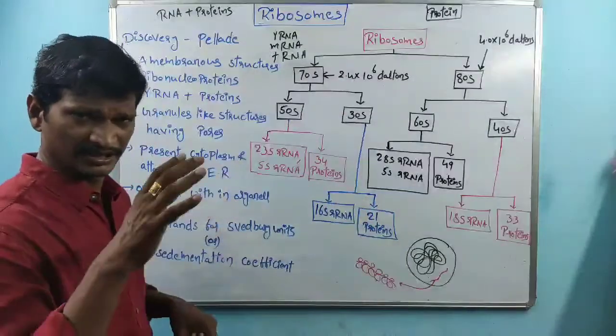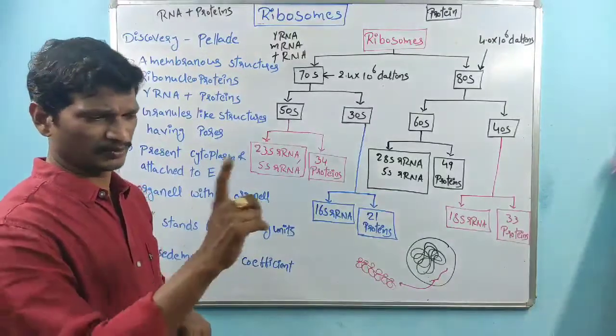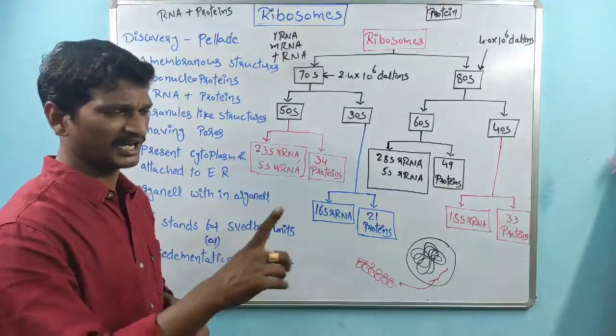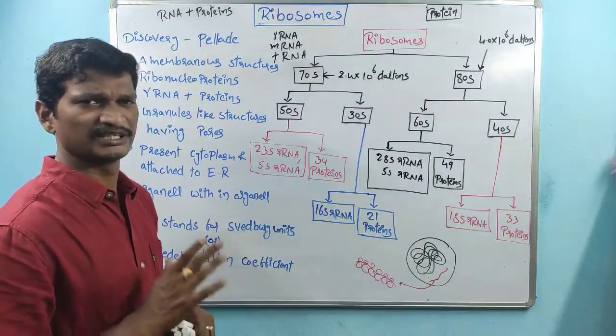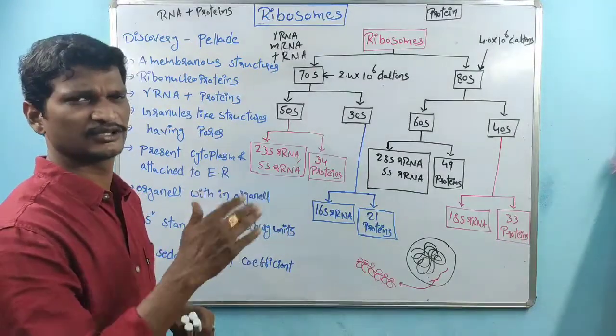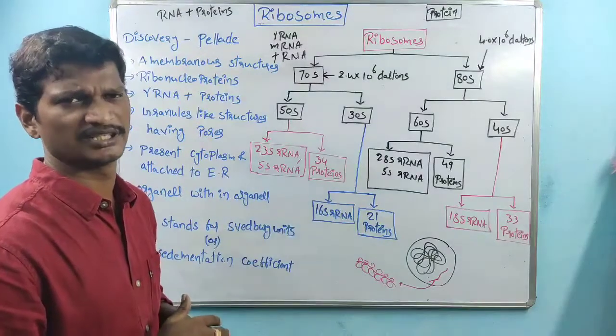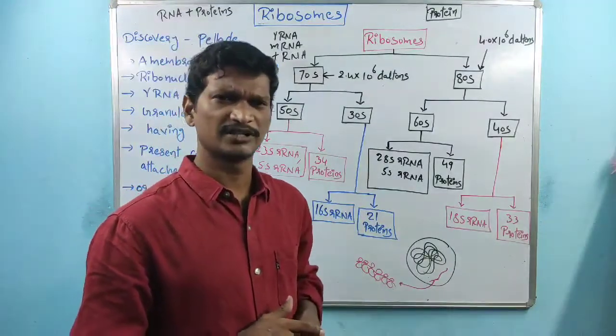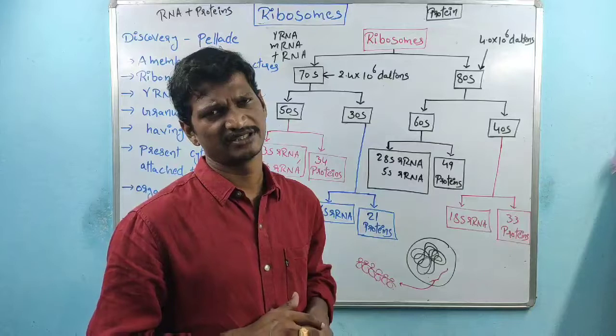So the cytoplasm, either of a prokaryotic cell or of a eukaryotic cell, contains ribosomes. In prokaryotic cell cytoplasm, 70S ribosomes are there. In eukaryotic cell cytoplasm, 80S ribosomes are there, right?